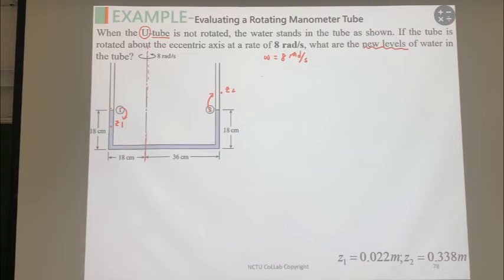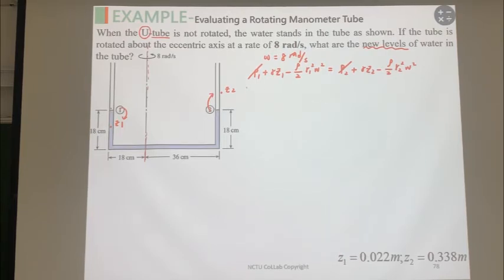Because this is a rotating problem, we write down the Bernoulli equation for rotating flow: P1 plus gamma Z1 minus, remember there is the minus, omega squared over 2 times R1 squared, equals the right-hand side, P2 plus gamma Z2 minus omega squared over 2 times R2 squared. Again, both are exposed to the air, so we don't have gauge pressure at the locations P1 and P2.